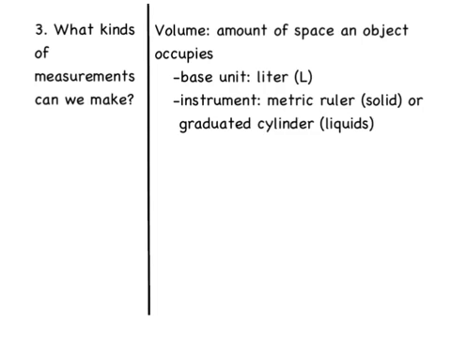That measurement has actually kind of crept into our English system here. If you go to the store and you buy some soda, you can either buy it in the 12-ounce cans, which is English measurement, or you can buy it in a 2-liter bottle, which is the metric measurement. So our base unit for volume is liters, abbreviated by the capital L.